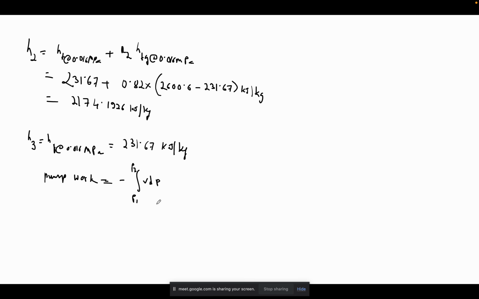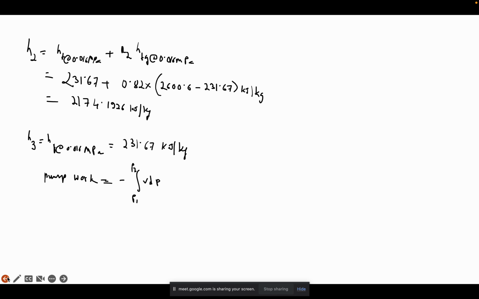Since this part is a liquid, from point 3 to 4 the volume will not change much. That's why we have already extracted the VF value from the steam table, so the volume will be that only.